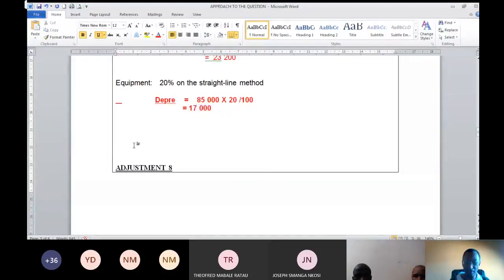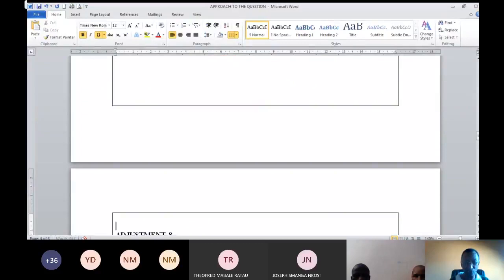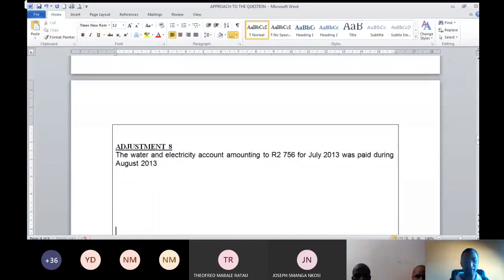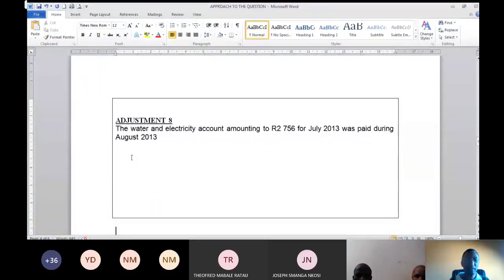Almost done, guys. We are on to our last adjustment now, which is adjustment number 8. In adjustment number 8, the water and electricity account of 2,756 for July was paid during August. Now, August 2013 is in the new financial year.